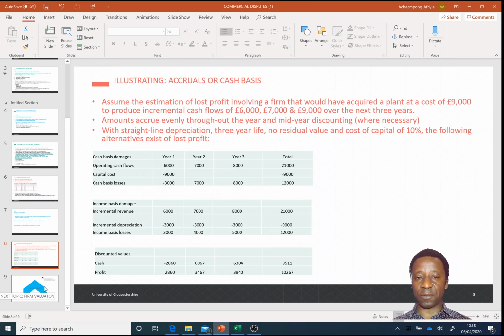This would normally involve looking at a couple of years' performance, maybe historic, maybe in the future, which might lead to various time value adjustments. But in doing all that, we are trying to check, but for the injury, how much money would the party that has suffered the loss have made?